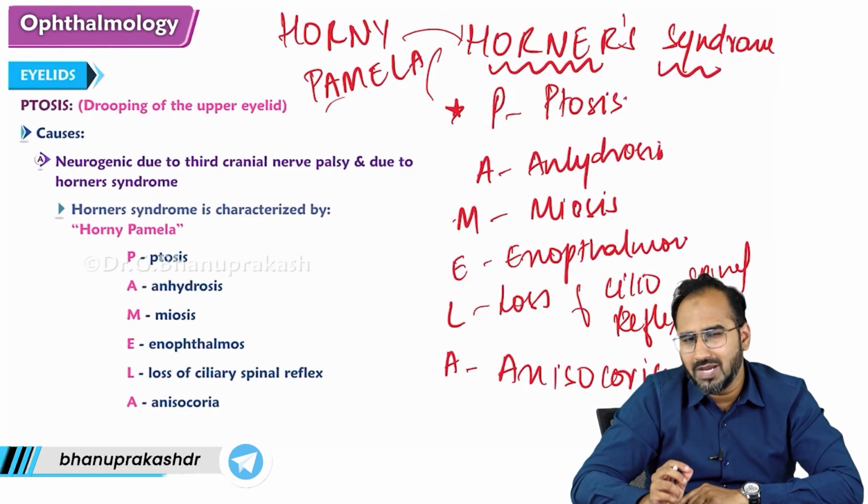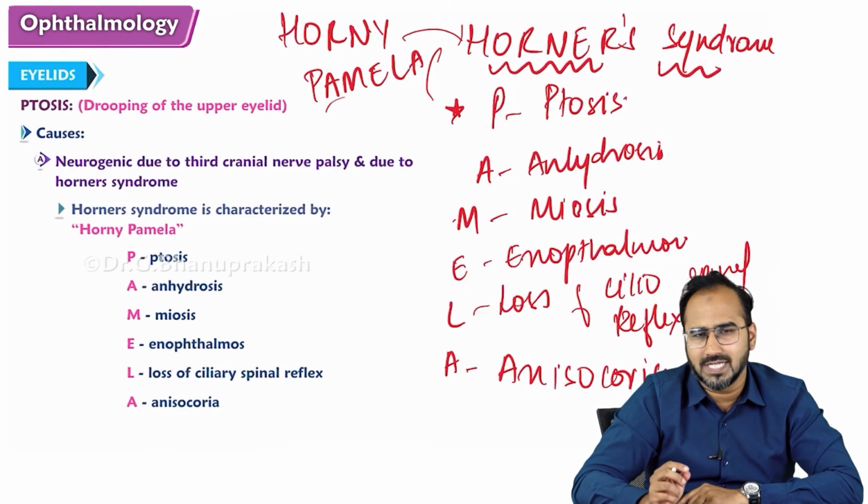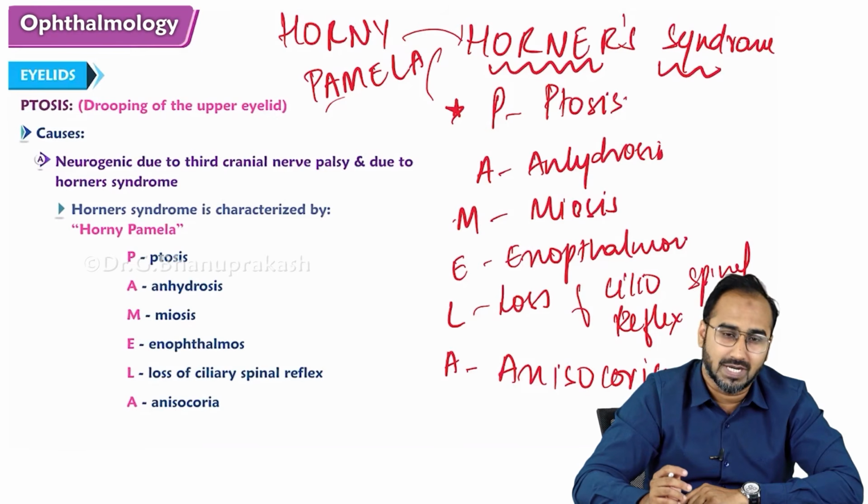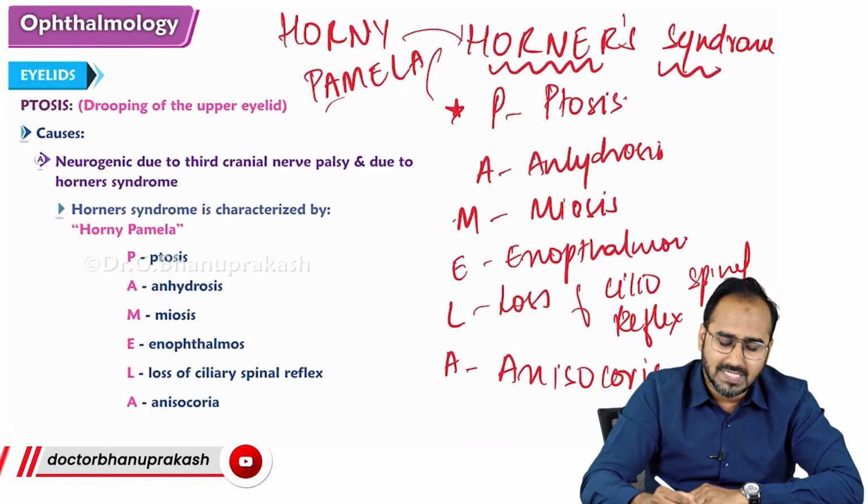One pupil is 2 mm, the other pupil is 3 mm. Distortion in the size of the two pupils of the eye is called anisocoria. So remember, these are the features of Horner's syndrome.